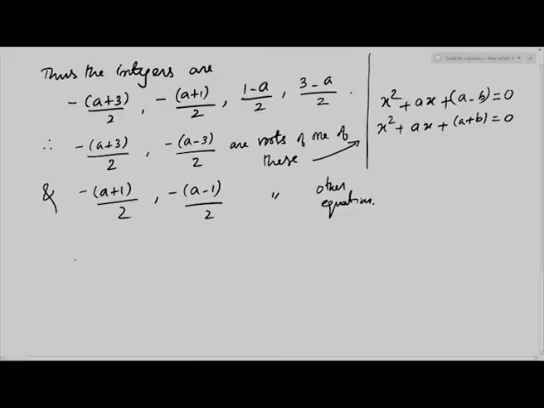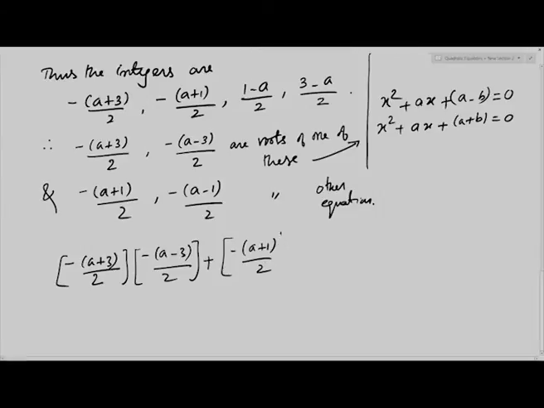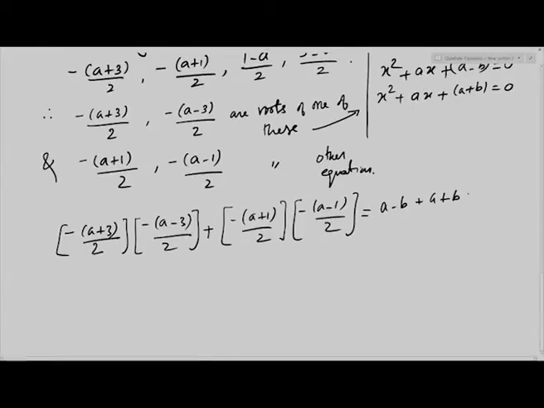For instance, if I take the product of minus a plus 3 by 2 and minus a minus 3 by 2, then the product of minus a plus 1 by 2 and minus a minus 1 by 2, the sum has to be equal to the sum of a minus b plus a plus b, which is equal to 2a.